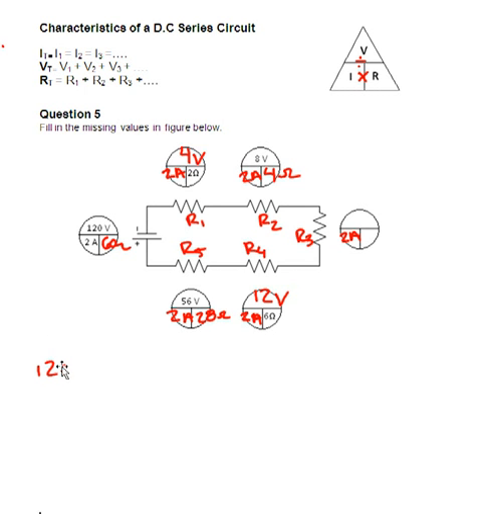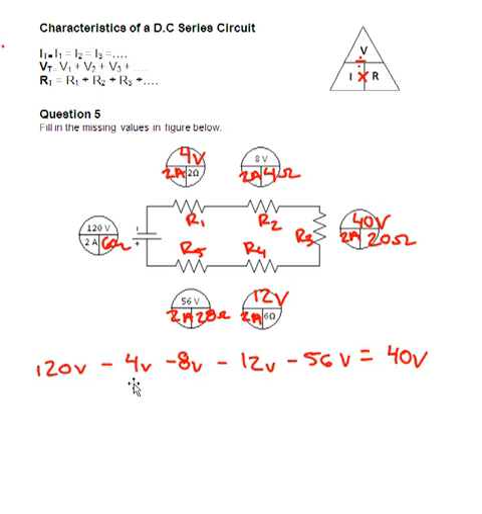We have 120 volts, subtract 4 volts, subtract 8 volts, subtract 12 volts, subtract 56 volts, should equal our unknown variable, which is 40 volts. So we could add that in. Then we can take 40 volts divided by 2 amps, and we should be able to get our resistance, which is 20 ohms.